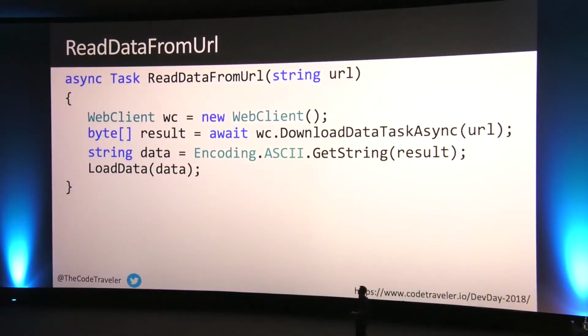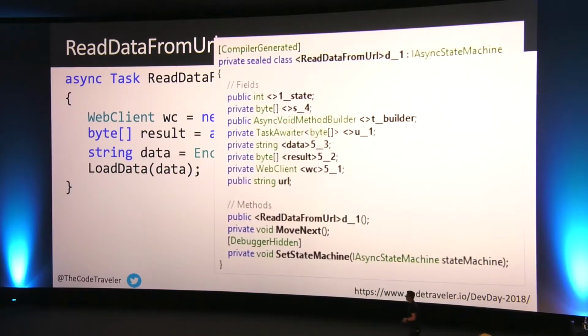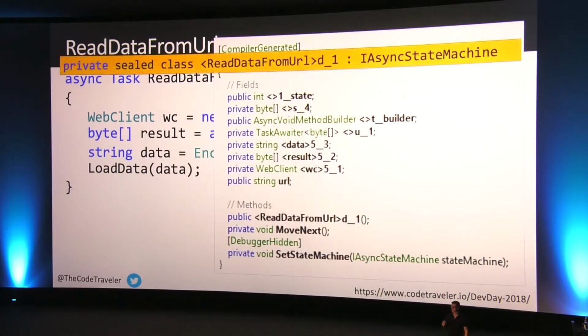So here's our same method, and here is what it looks like after it's been compiled. Now, the first thing I want to point out is the compiler has turned our method into a class. Every async method, when you click compile, becomes a private sealed class inheriting from IAsyncStateMachine.